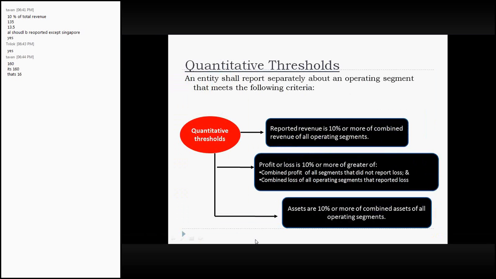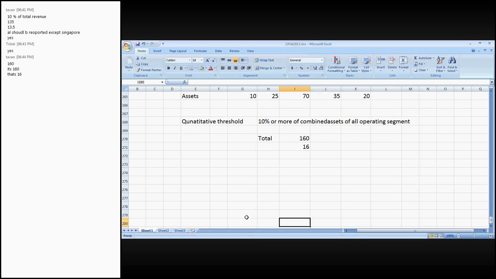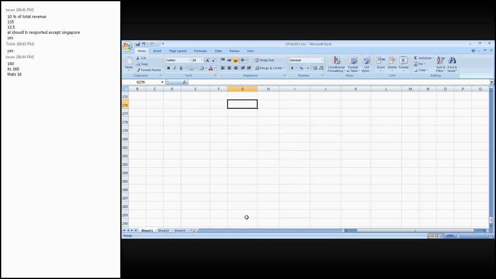Combined profit of all operating segments that did not report loss. We'll break it into two parts. Combined profit of all reportable segments, of all operating segments that did not report loss.